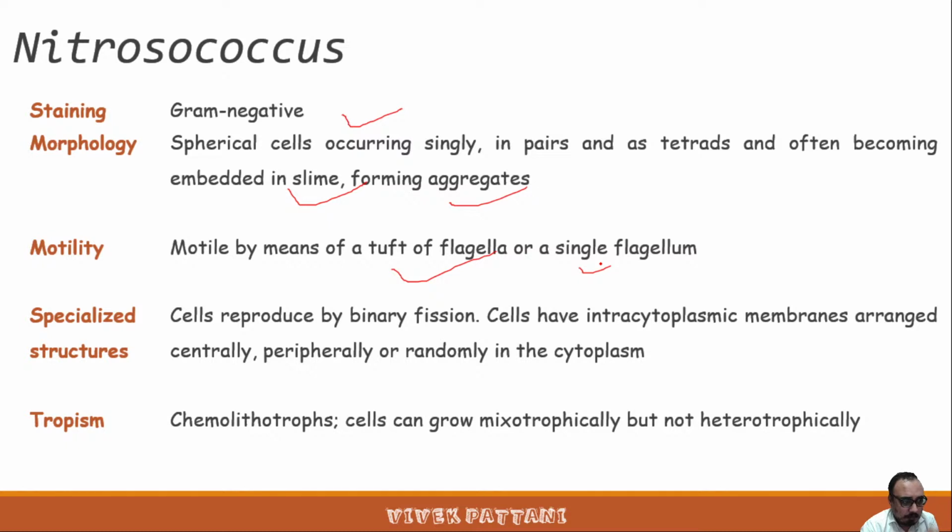Cells may reproduce by binary fission as well, and cells have intracytoplasmic membranes arranged centrally and peripherally or randomly in the cytoplasm. They are chemolithotrophs, and cells can grow mixotrophically but not heterotrophically.